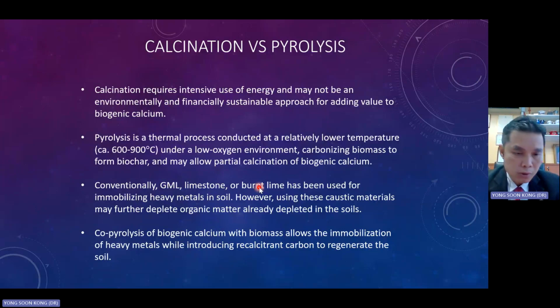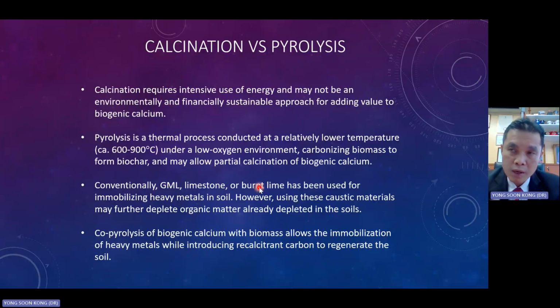So as a result, co-pyrolysis, that means pyrolysis of these two materials, the biogenic calcium and also biomass, might give us two materials in this one composite: the partially calcined liming agent, the biogenic calcium, as well as recalcitrant carbon.